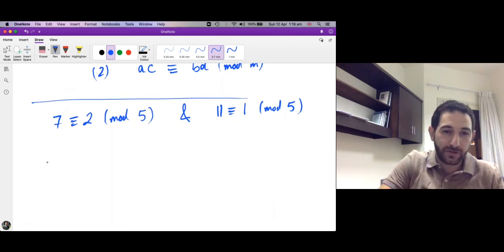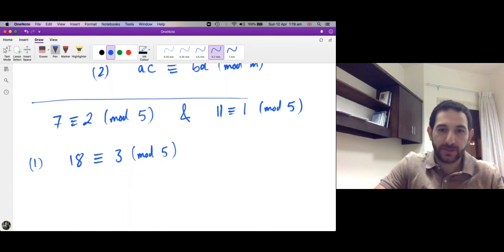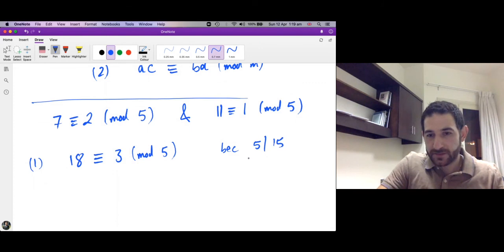Now let's apply, look, what do we know now? If we add the sides, then 7 plus 11, which is 18, must be congruent to 2 plus 1, which is 3 mod 5. Is this true? Yes, because 5 divides the difference, 18 minus 3 is 15, and 5 divides 15, since 15 is equal to the integer 3 times 5.